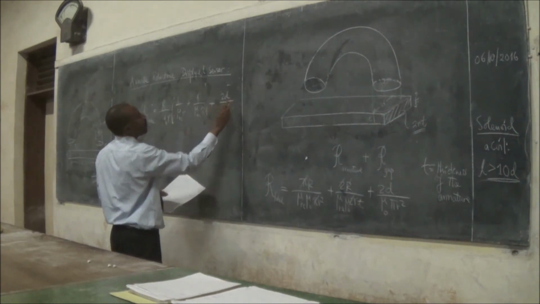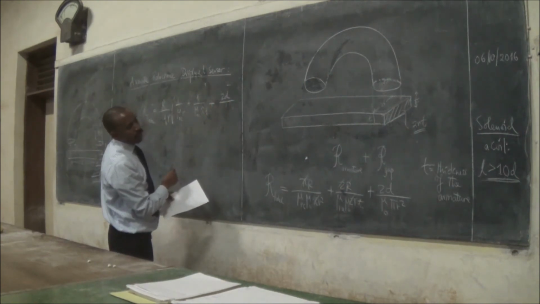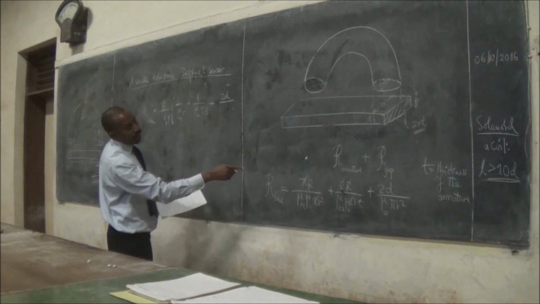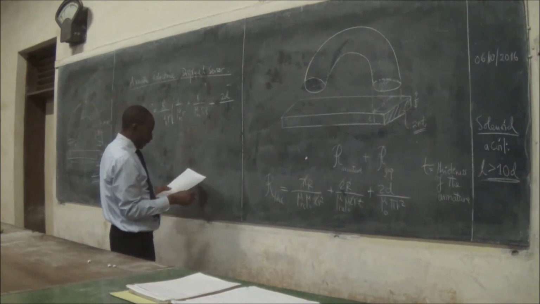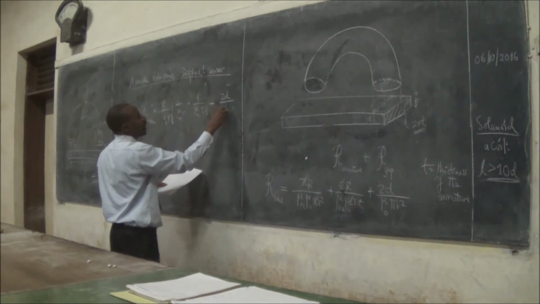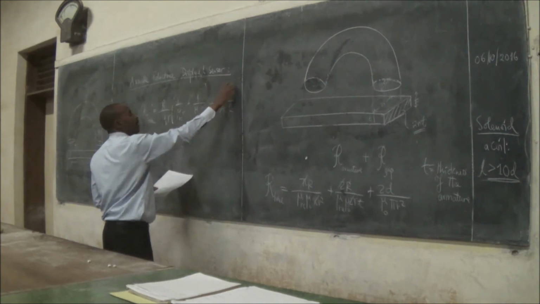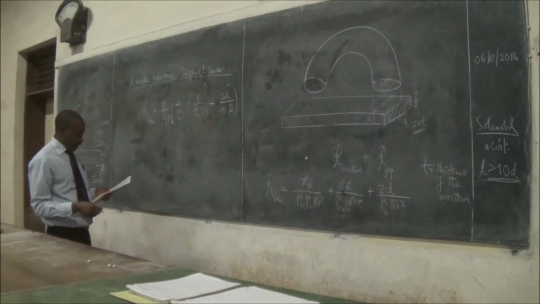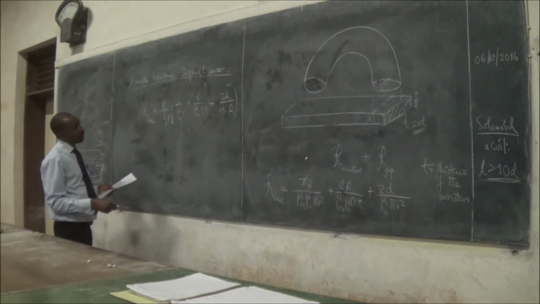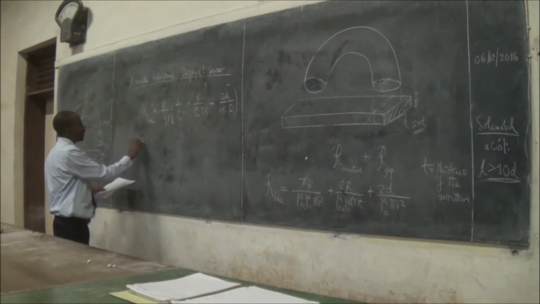To remove the R which I would have brought in, I will be having pi R. Okay, so then I can reconfigure it.